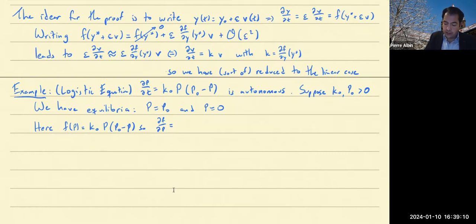In this case, this would be k naught times p naught minus 2 k naught times p. And so this factors as k naught times p naught minus 2p.